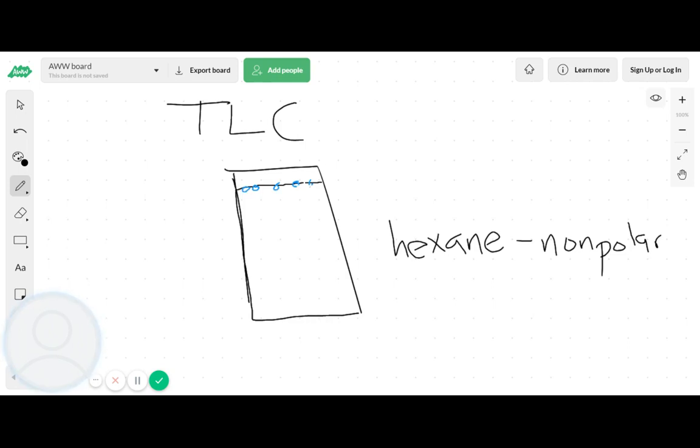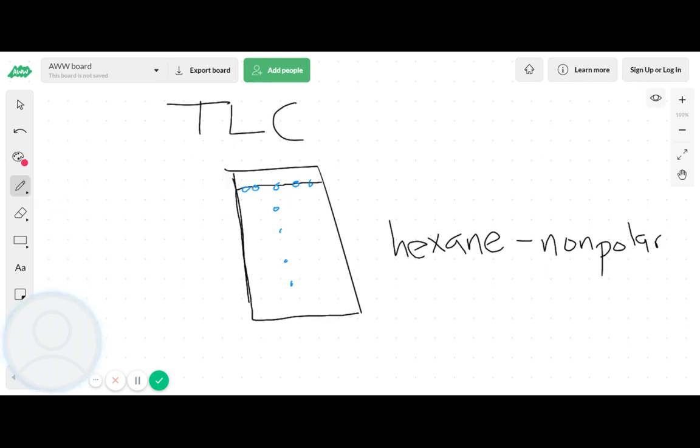If we added hexane here, it's going to bleed down the sheet, and the molecules in your solution are going to come down with it, but not every molecule. So you'll maybe see a gradient that looks something like this. You can measure the distance between these dots, the distance from the beginning.